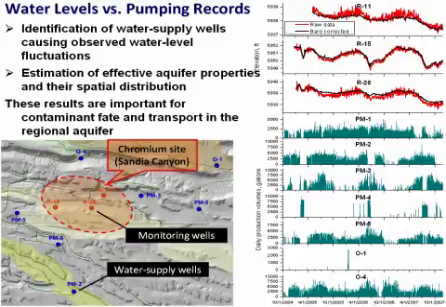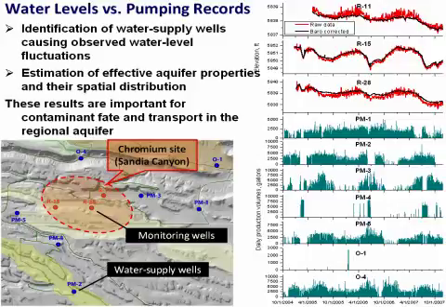For many issues related to predicting fate and transport of contaminants in the regional aquifer, it's important to be able to identify and understand better the hydraulic connection between those wells and the pumping wells. And we were able to do this. Again, I'll not go into details.